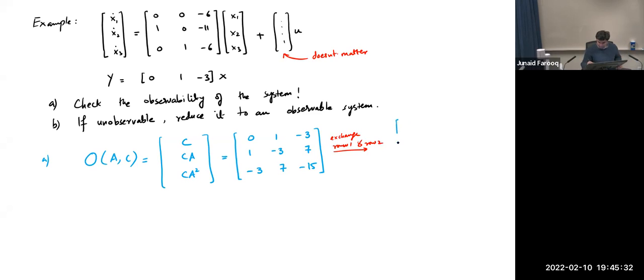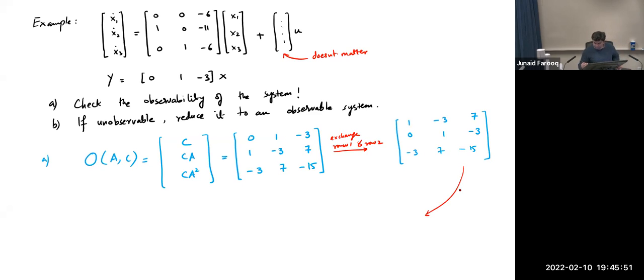That makes it [1, -3, 7], [0, 1, -3], and [-3, 7, -15].